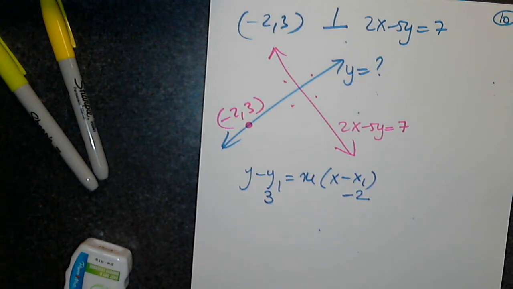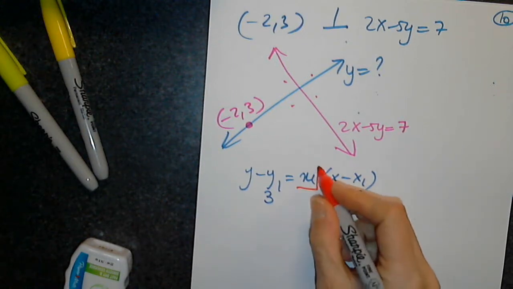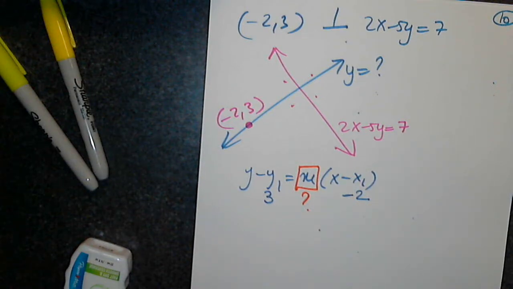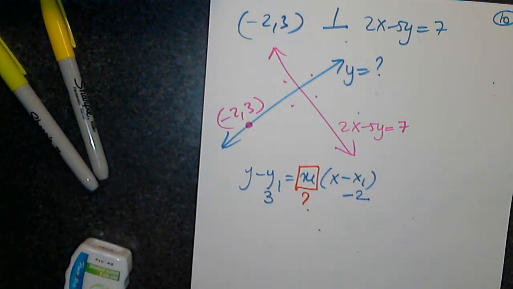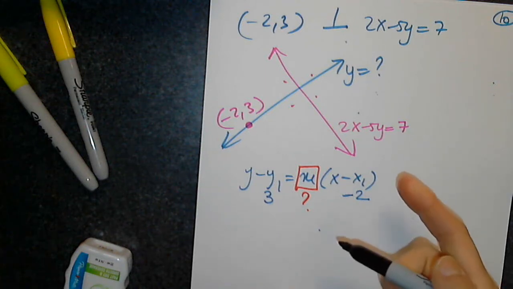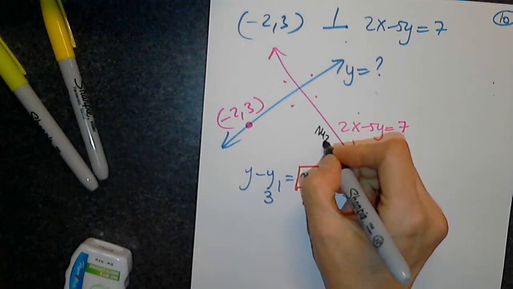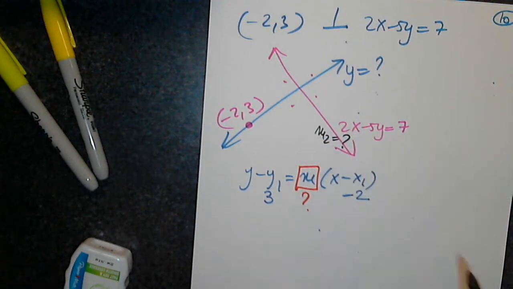Is there any way I could determine the slope? So what should I do? Solve this equation for y. Why? Because I want to determine the slope of this line. Let me call it M2. I don't know it yet.